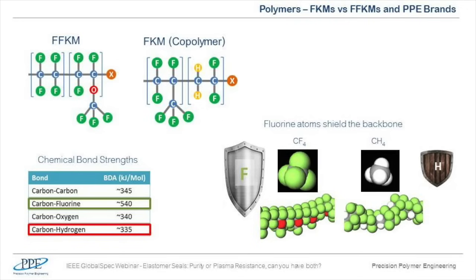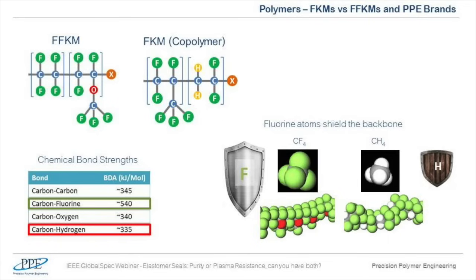In simple words, breaking these bonds means the backbone is also broken, and when the backbone of the polymer is broken, the elastic properties of the elastomer will be lost. On the other hand, the reactive species needs to be stronger to break the carbon-fluorine bond in the FFKM structure, which means that FFKMs have a lot better chemical resistance than FKMs.